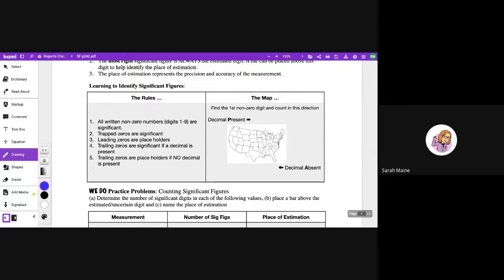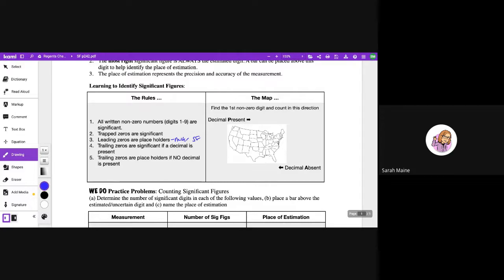Leading zeros, so they start off the number on the left, are placeholders. So these guys are never significant. They are never considered significant figures. The trick: trapped are always significant, leading are never, and where it takes practice are those trailing zeros, zeros to the right.